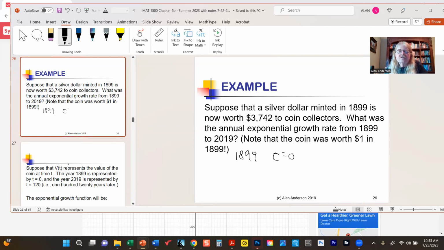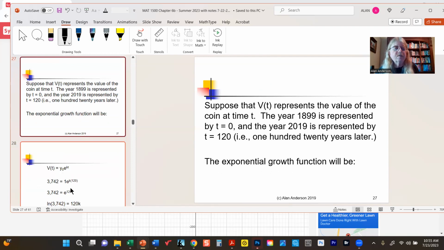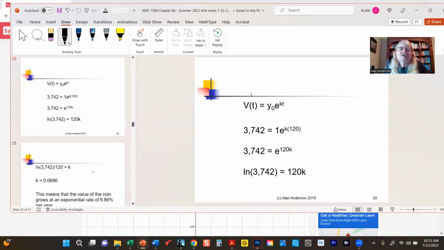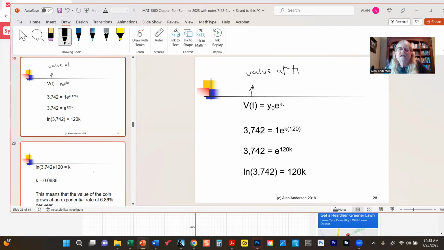That is the starting point. And then that implies that 2019 is year 120. Okay, so we're basically going to use the same formula that we had before, except this time it says V for value. It hardly matters what you call this thing. The main thing is that the functional form is the same.